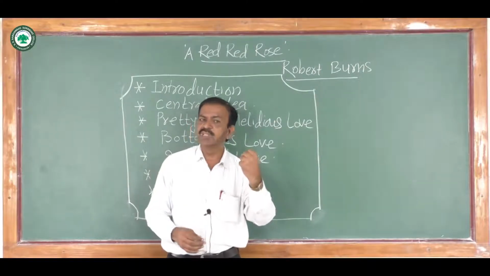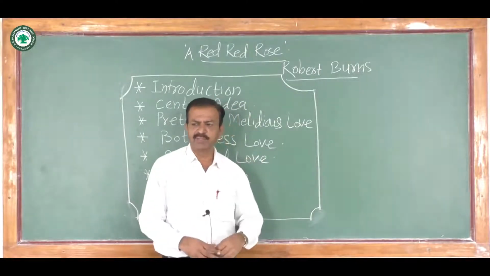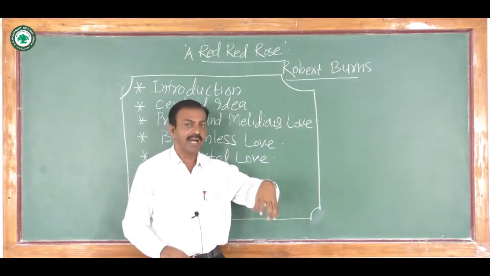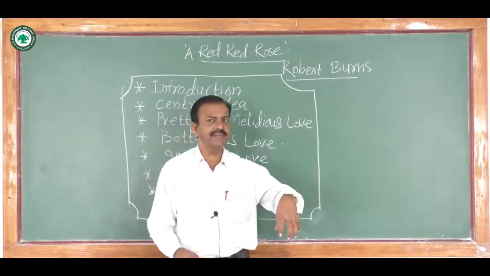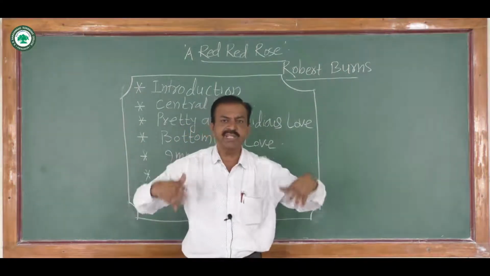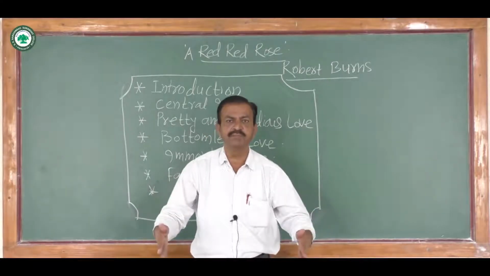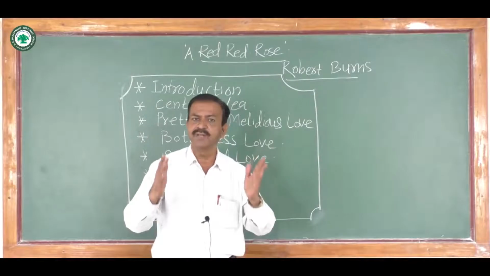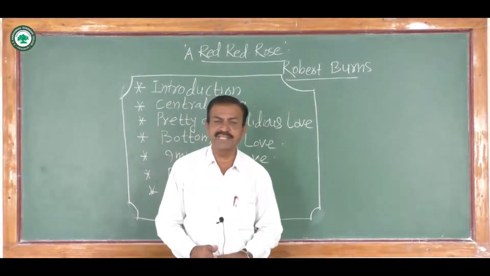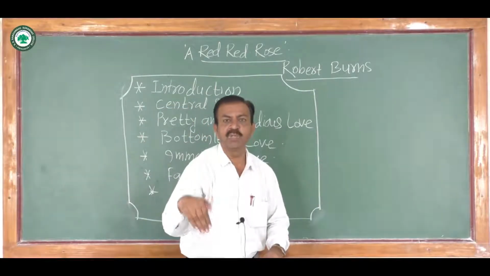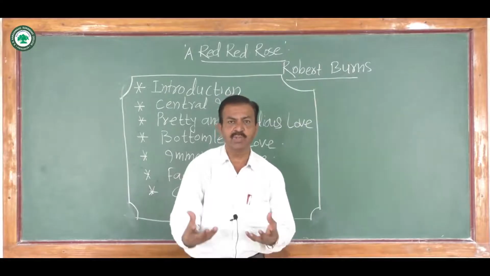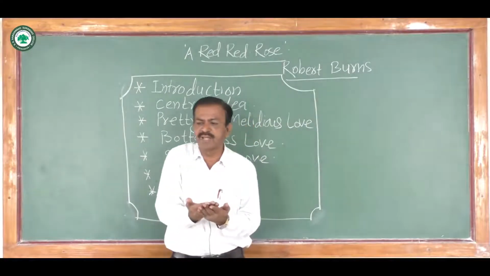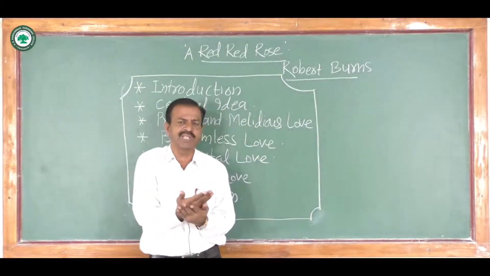This is the spiritual love. And the word deep shows that his love for her is just like the fathom of the sea, or the fathom of the ocean, or we can say it is deeply rooted. So the base of his love is deeply rooted.